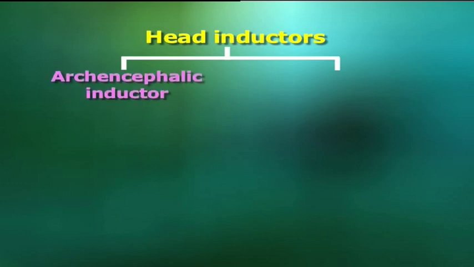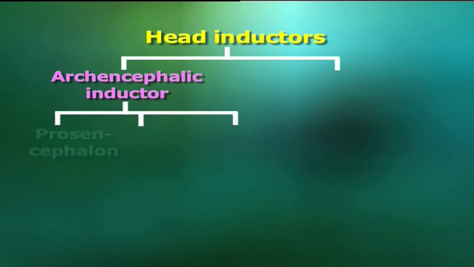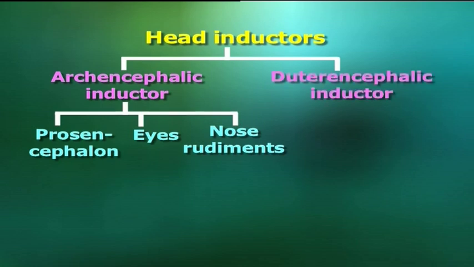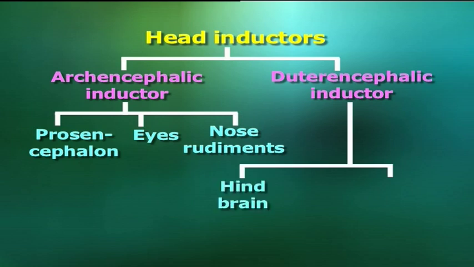The head inductor may be additionally divided into the archencephalic inductor, which induces the prosencephalon, eyes and the nose rudiments, and the deuterencephalic inductor, which induces the hind brain and the ear vesicles.